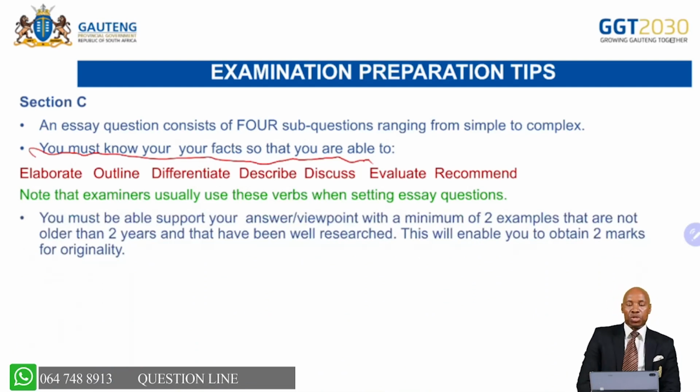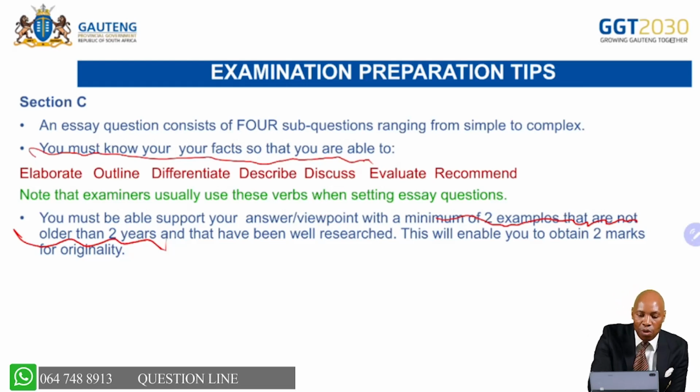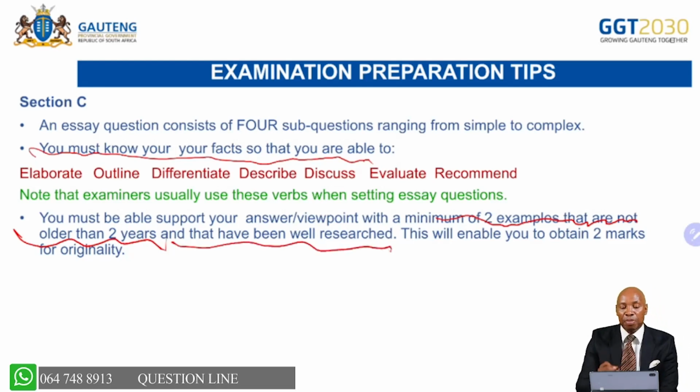Now, when it comes to originality, candidates, you must be able to support your viewpoints with a minimum of 2 examples that are not older than 2 years, that have been well researched. Researched by whom? By you. Hence, as I was teaching you, I said don't copy examples from the notes, don't copy examples from the textbooks, don't copy examples from the past papers.